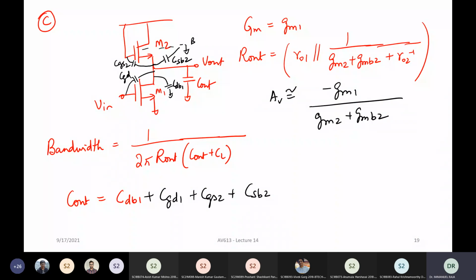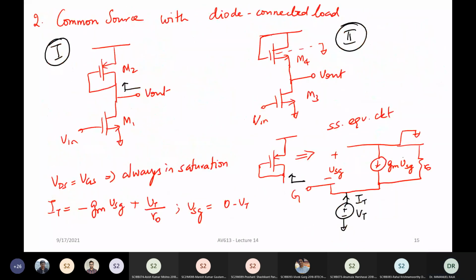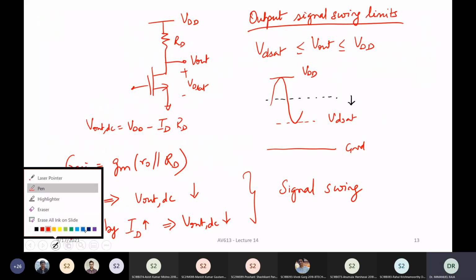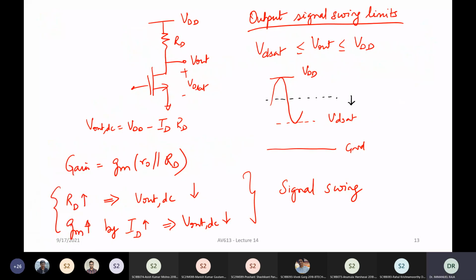Now, these gains are not very high. Let's look at the first case which we saw yesterday. I told you this problem, right? If you want to increase gain, you are stuck with this problem that as you increase RD, you are bringing down your output DC voltage, right?